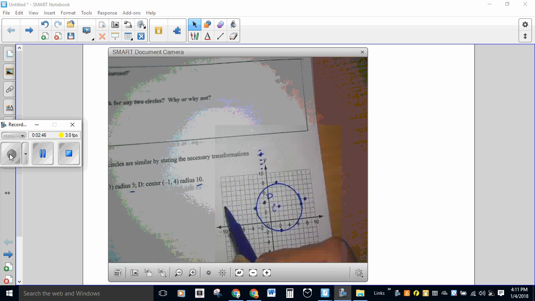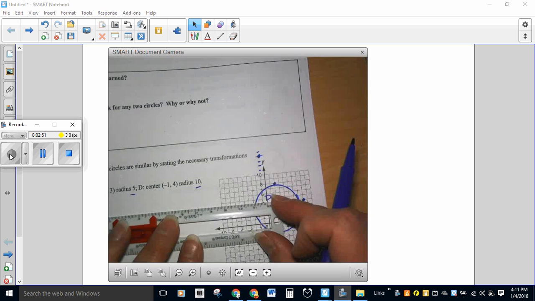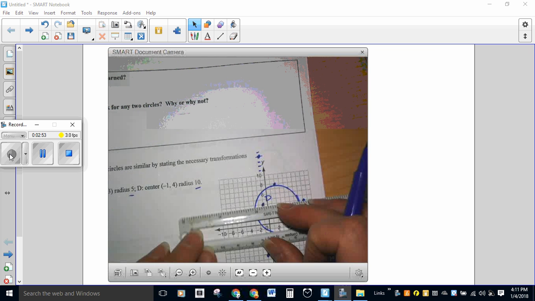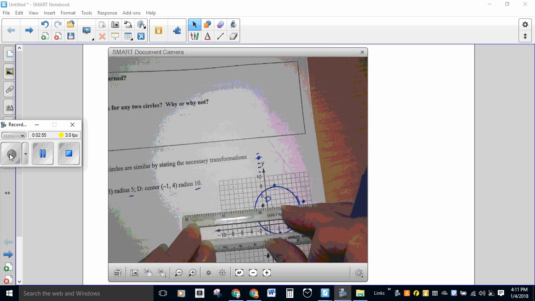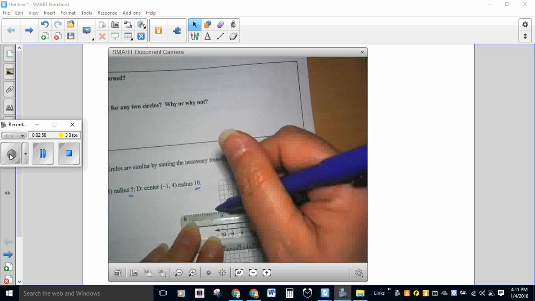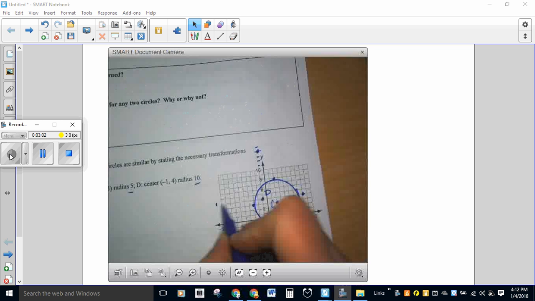And we're going to go 10 to the left, 1, 2, 3, 4, 5, 6, 7, 8, 9. So I'm going to have to draw one more in this direction as well. So that's going to be right here.